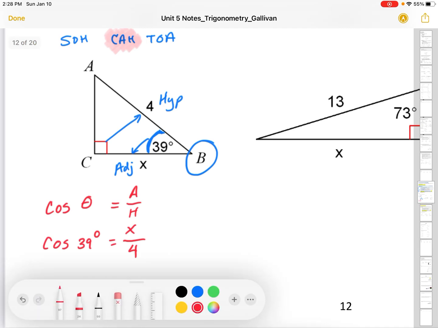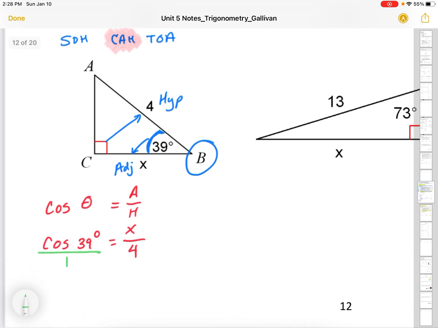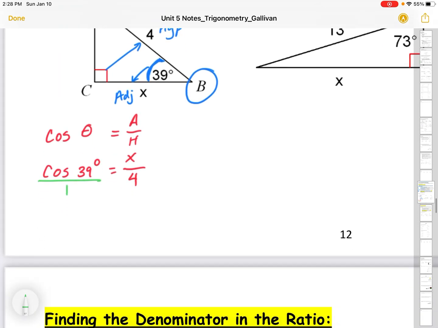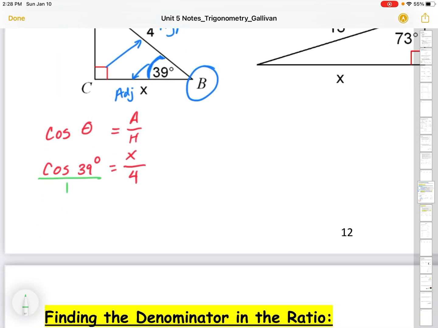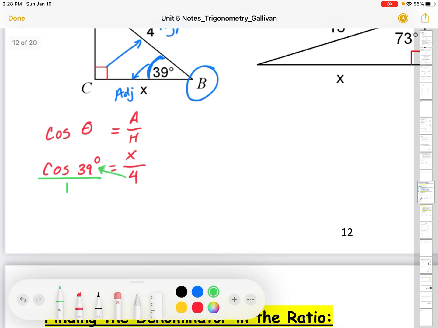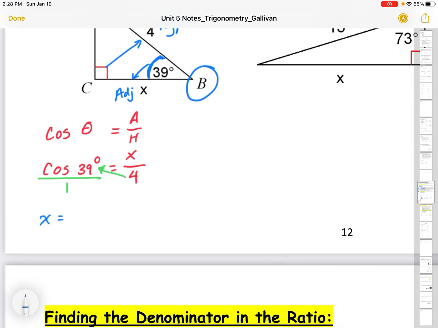Then we're going to cross multiply, because this is like having a little 1 there. So we're going to cross multiply and divide. So x will equal 4 times cos of 39 degrees divided by 1.